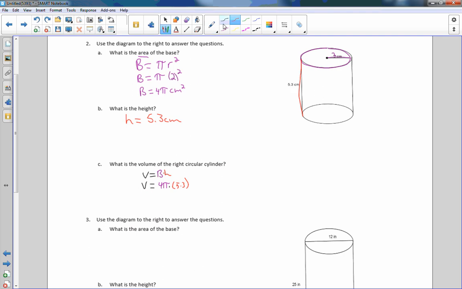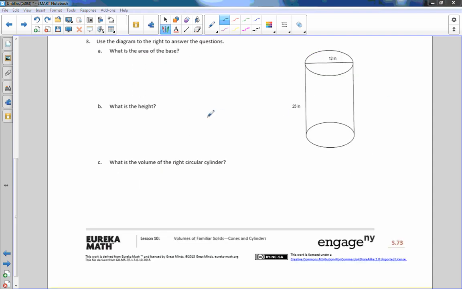So my volume is going to be 4 times 5.3. 4 times 3 is 12, carry the 1. 5 times 4 is 20, plus 1 is 21. And there is one decimal place, so it's 21.2 pi centimeters cubed. Remember, it's volume. 21.2 pi centimeters cubed.